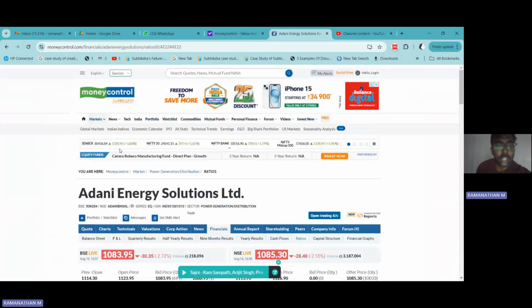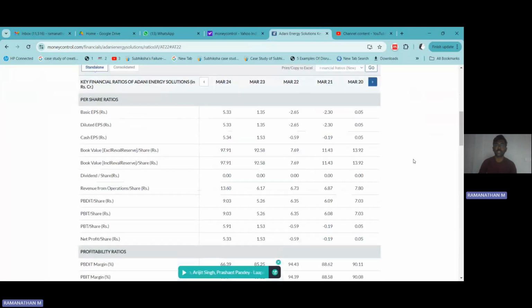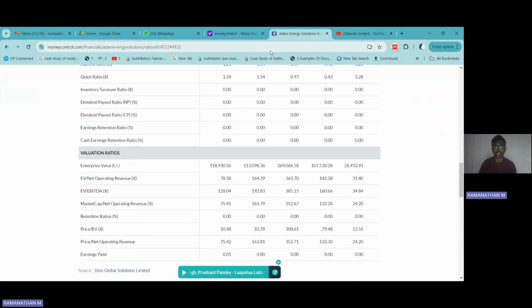So you can learn what the ratios are, and based on the ratios you can invest in particular shares. So this is all about ratios. Ratio analysis is the most important analysis in the financial statement or financial analysis.